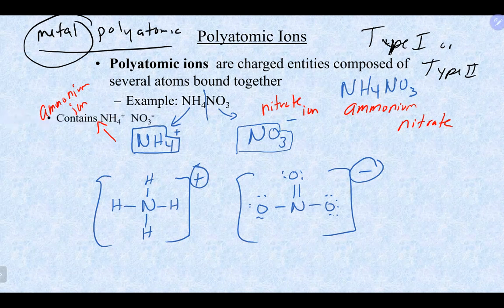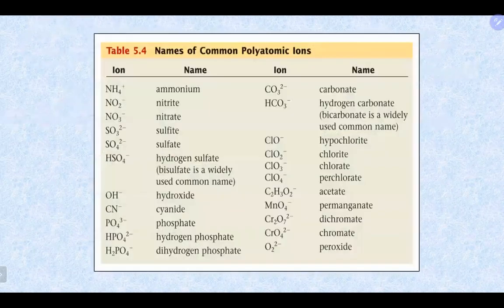So if we look at a table similar to one you got in your book of some of these polyatomic ions, you do have to know the names and the formulas, including their charges, so you can put everything together properly. But there are a couple of ways that you could group things together to help you learn them.